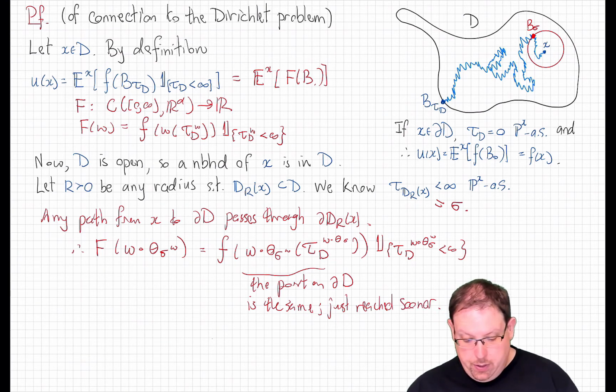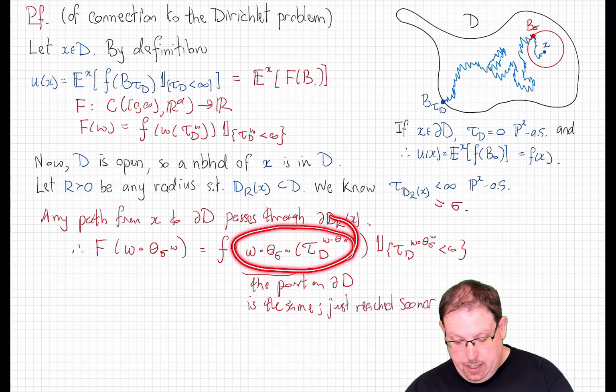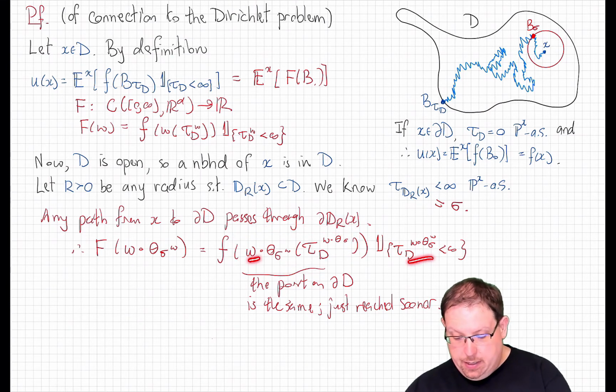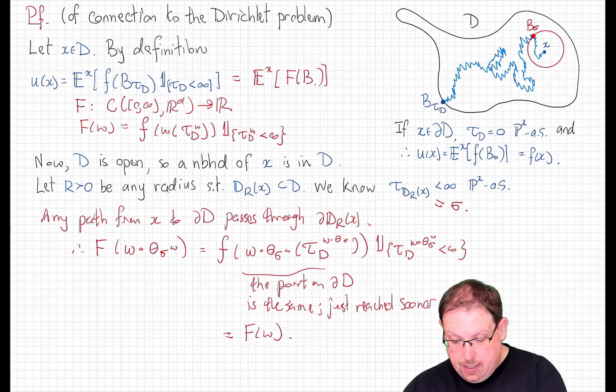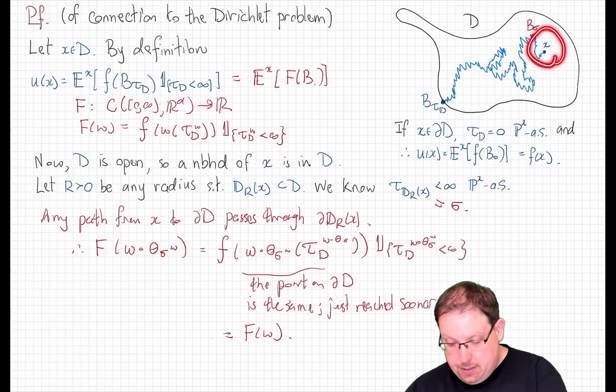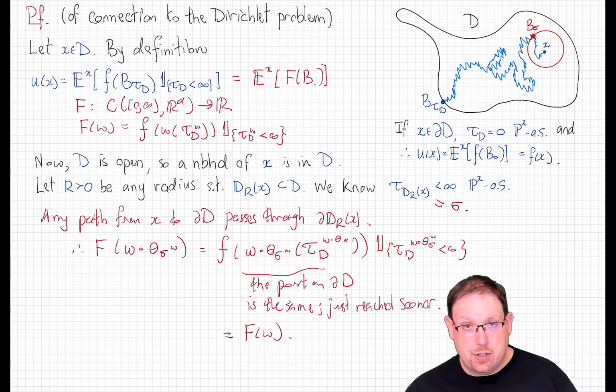And so in other words, this is just the same as omega at tau d. So this is the same as f at omega. The function we've chosen here is invariant under shifts by times associated to such enclosed disks.